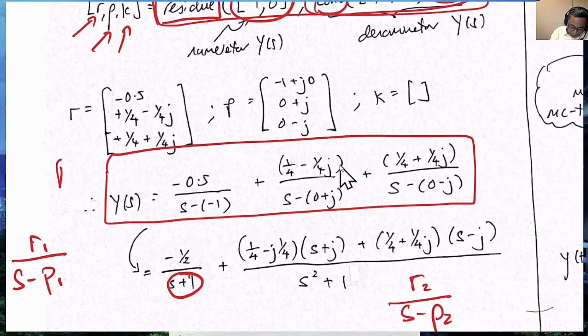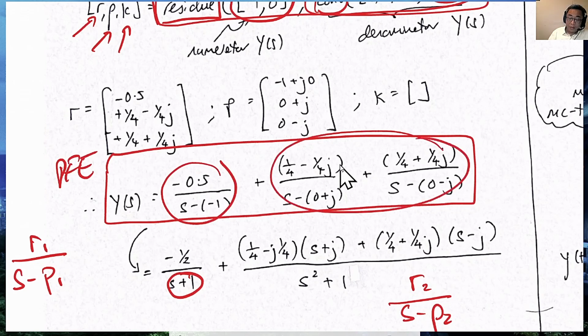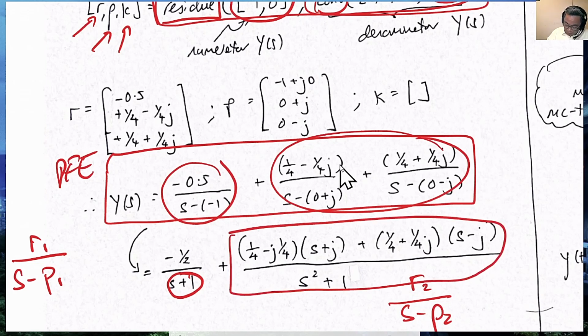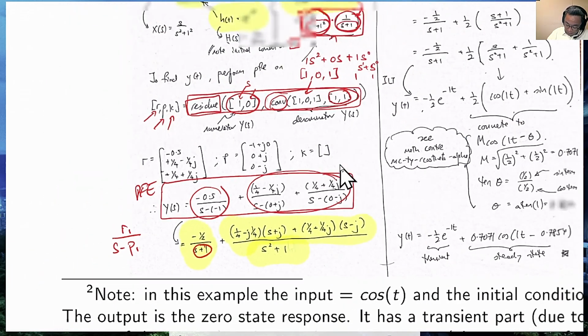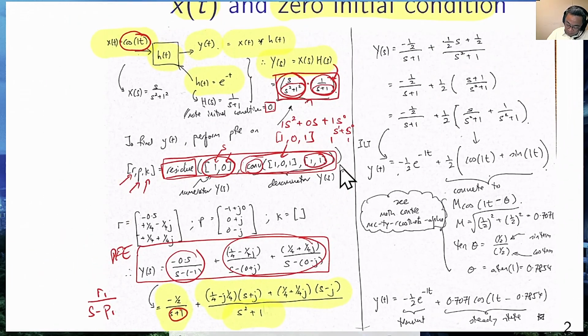Once we have the partial fraction expansion, we can use the lookup table. This term doesn't have a direct lookup table entry, so we have to convert it into something that looks more like this. Now this one has a lookup table, this one has a lookup table, and this one too. Let's go and look up the table. On the left, it's very easy.